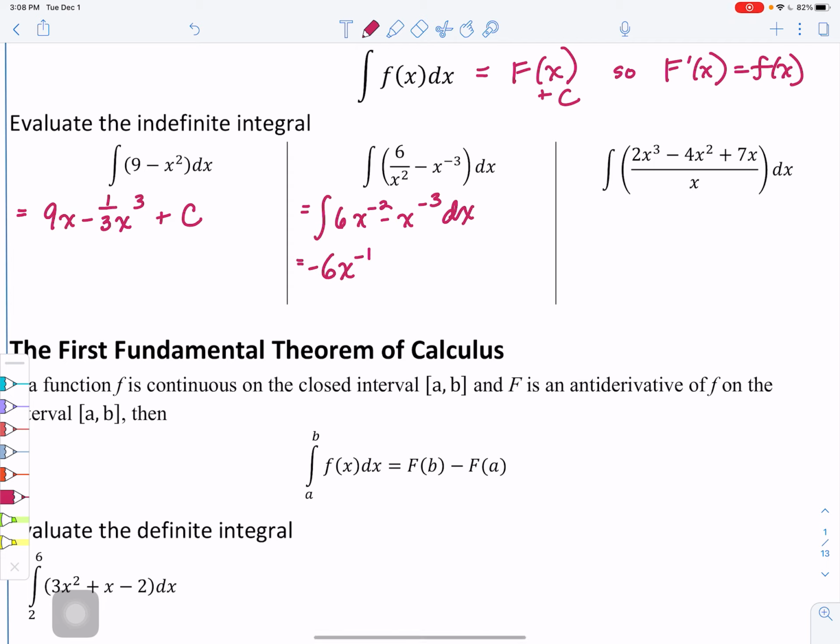If a function f is continuous on the closed interval a b, and F, there's that capital F again, is the antiderivative of f of x on that interval, then the integral from a to b of f of x dx is going to be F of b minus F of a.